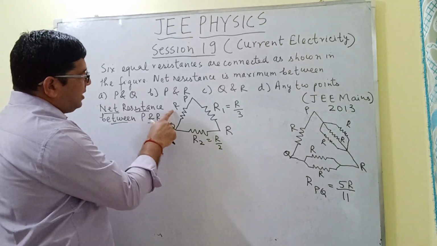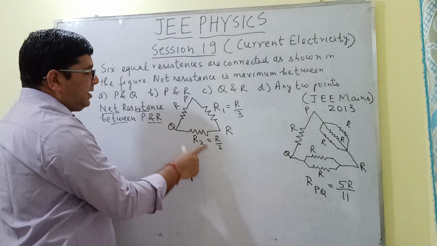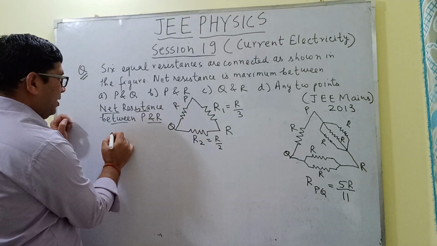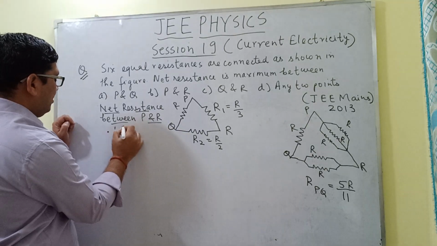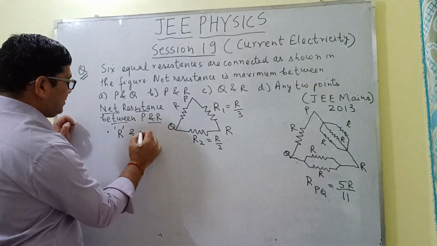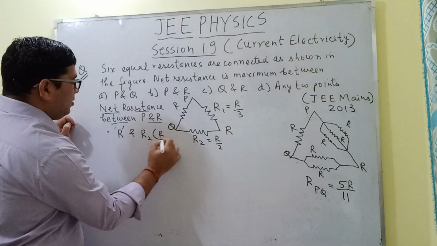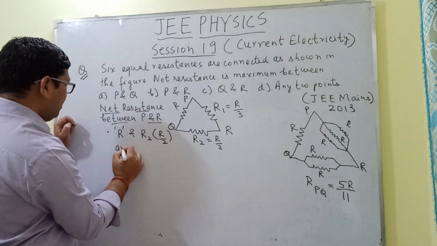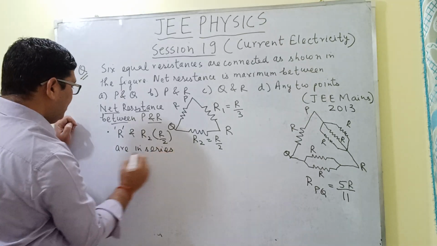In that case, this resistor R and this R2, they are in series. So the first point is R and this R2, which is equal to R by 2, they are in series. This is the first point.